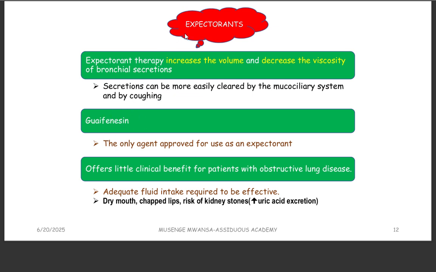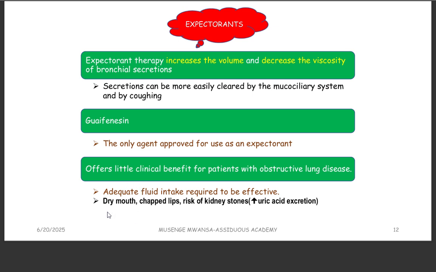So an example of a drug which is an expectorant is guaifenesin. It's the only agent that is approved for use as an expectorant, guaifenesin. It offers little clinical benefit for patients with obstructive lung disease. So adequate fluid intake therefore is more effective.